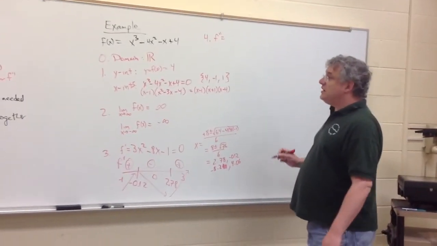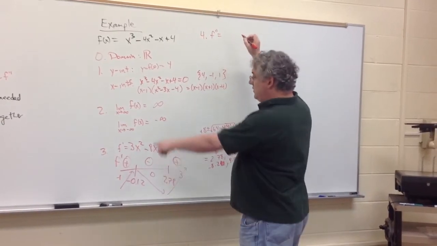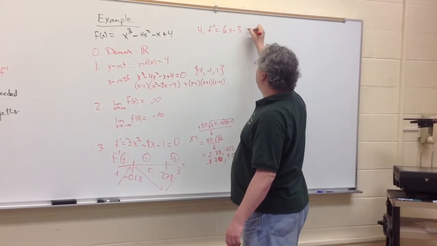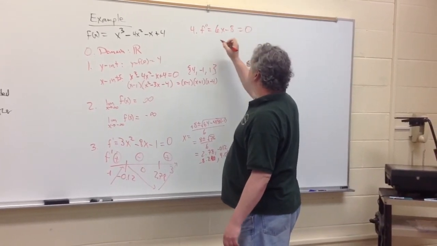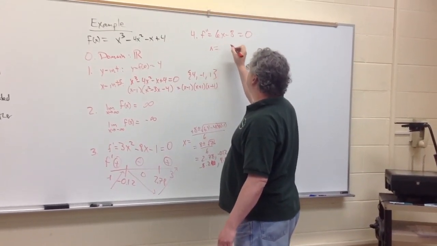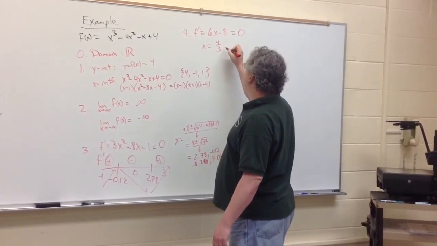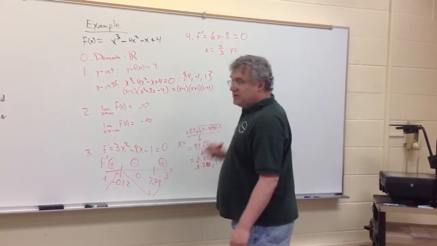One last bit that we have to worry about is the second derivative. We take the derivative of the derivative, 6x minus 8. Again, it never does not exist, so we set it equal to 0. x equals 4/3. And we also need the y value. So plug that back into our function.